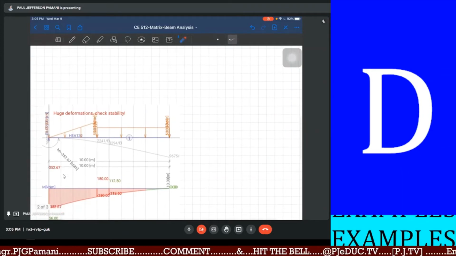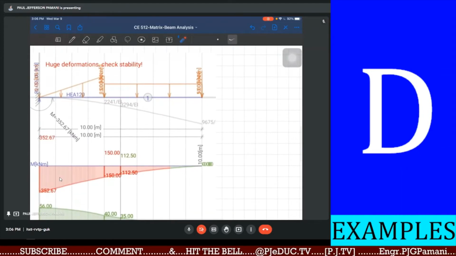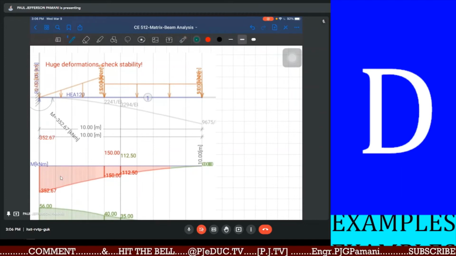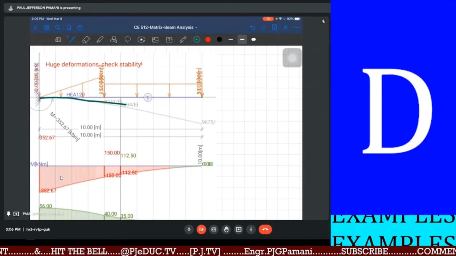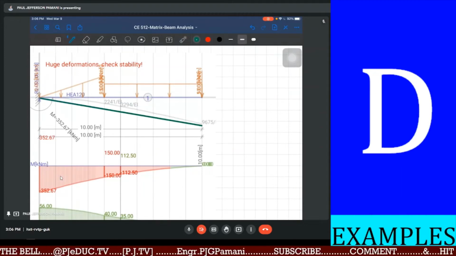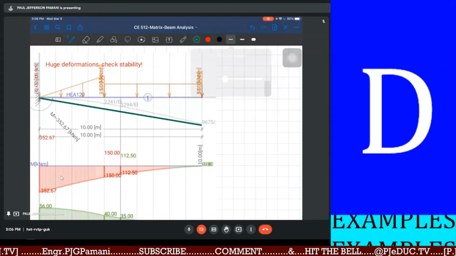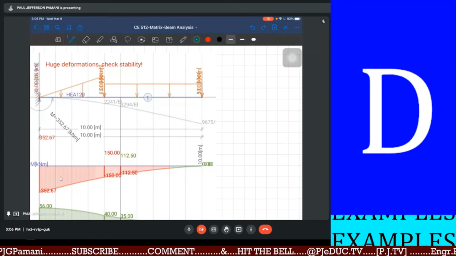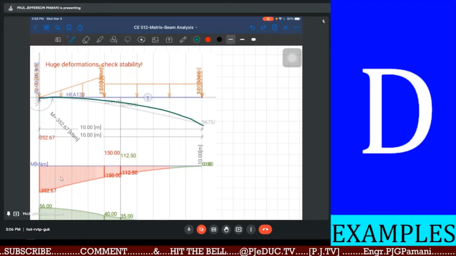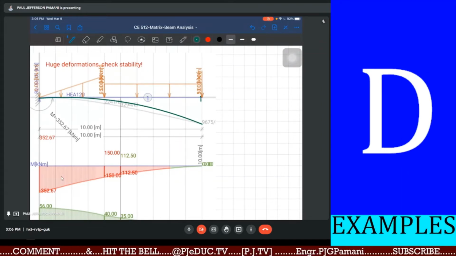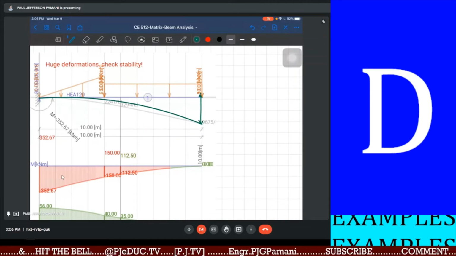And as expected, the probable or the expected deflection of our beam will move on this manner. So, ganito yung magiging deflection ng ating cantilever beam.